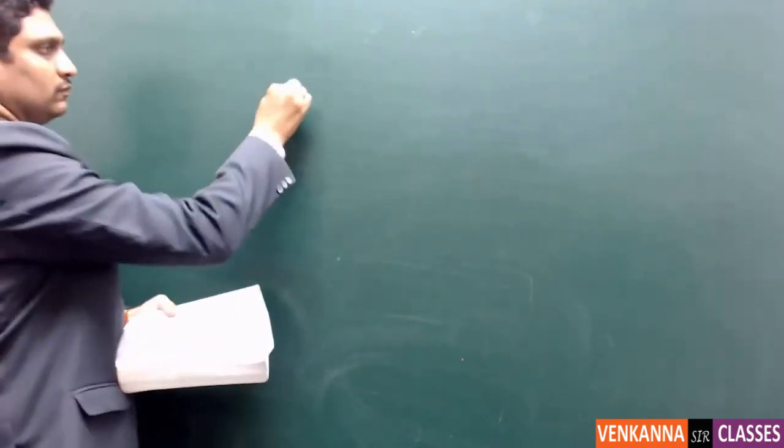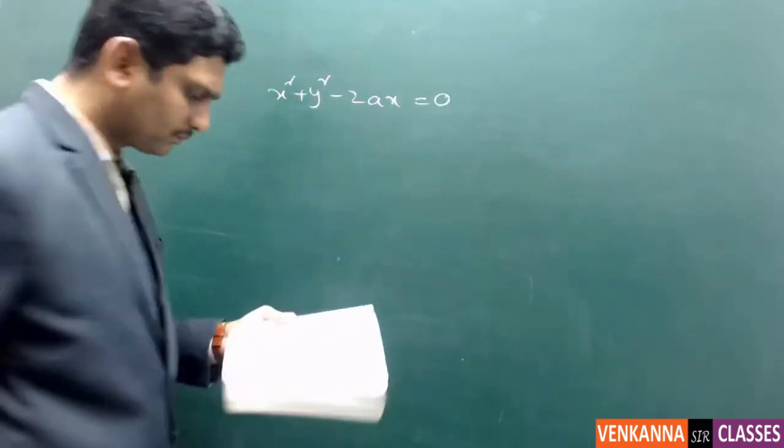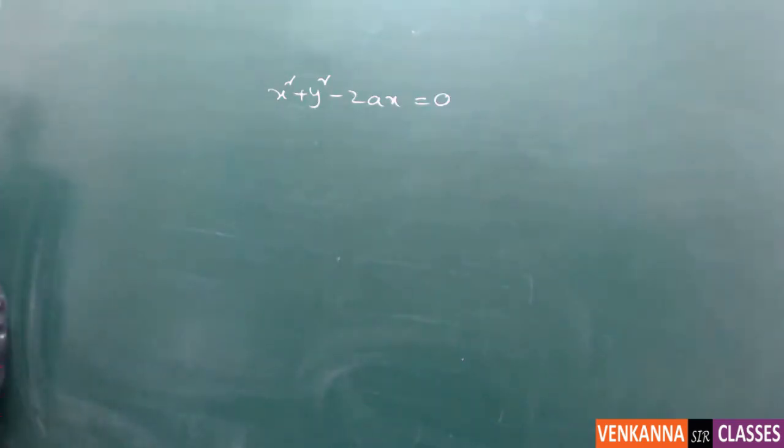So take the problem: find the orthogonal trajectories for the family of circles x square plus y square minus 2ax equal to 0, where a is parameter. So after noting that, please inform.